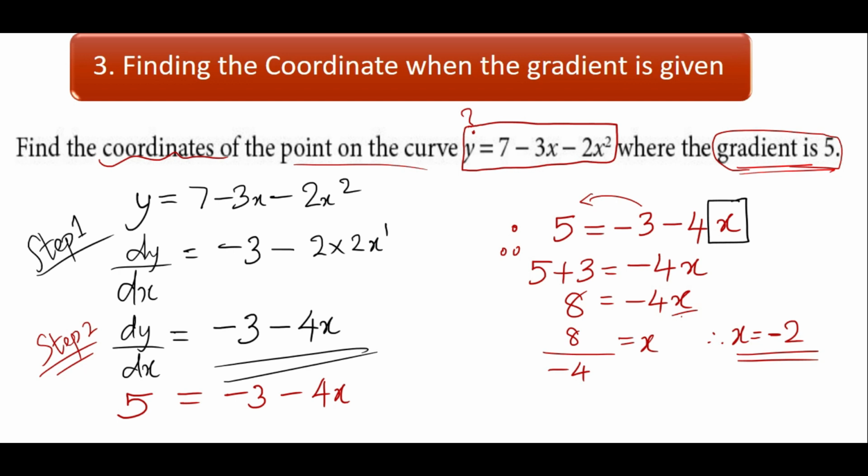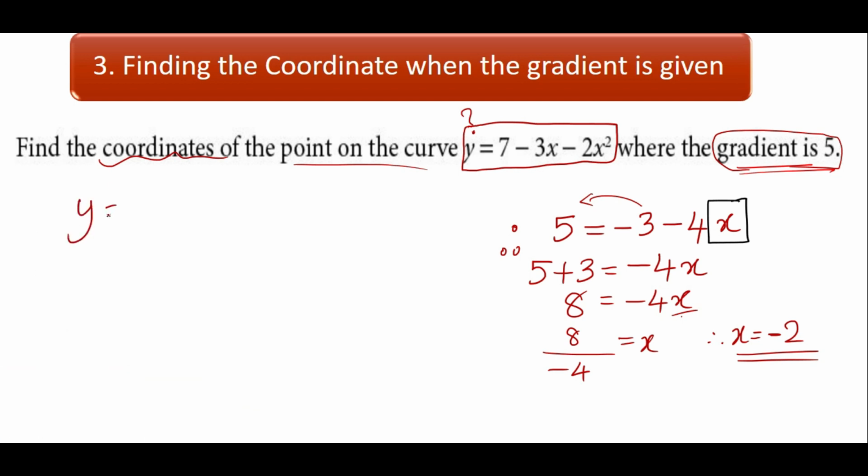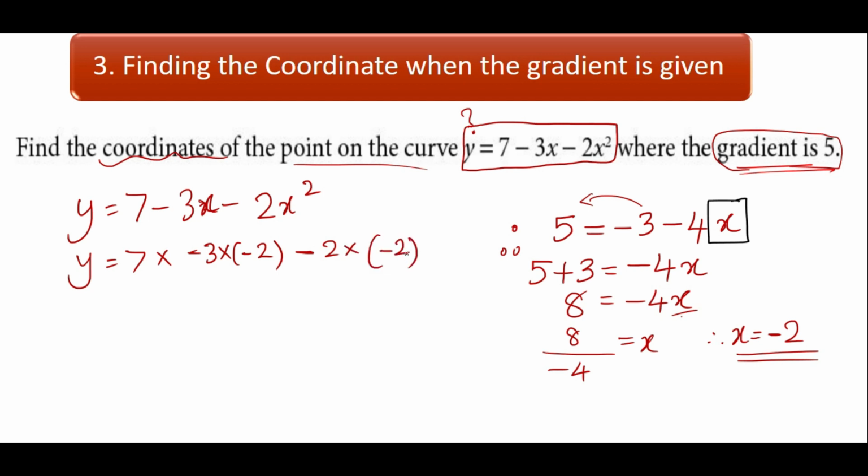So let me do that. y equals 7 minus 3x minus 2x squared. So y is going to be equal to 7 minus 3 times -2 minus 2 times -2 squared. All that I did is replacing x with -2.